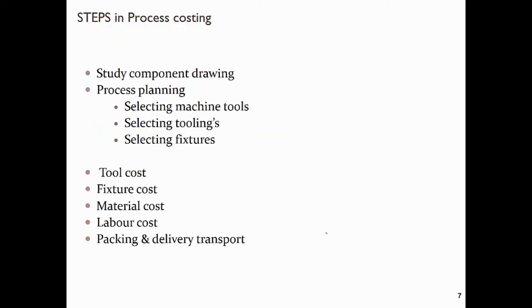What are the steps involved in process costing? Predominantly, in any CNC machining or new product development, this is the process. First, you have to study the drawing, as I always said in the introduction also. Even if the customer gives a 3D model, you need to study the drawing, see the tolerances, and process planning is very important.